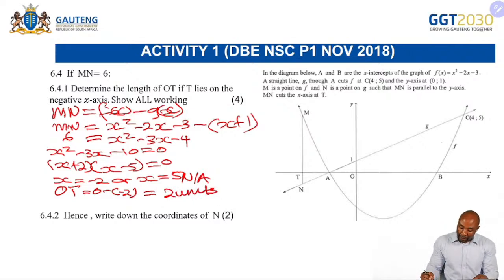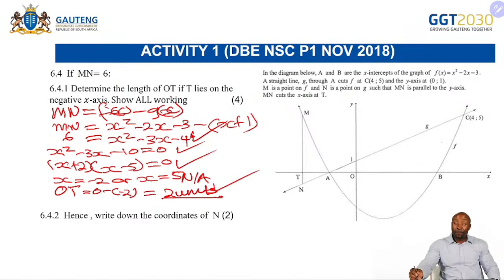It says calculate the length of OT, we get our 2 units. For subtracting and equating to 0, standard form, x values, the length, and we should reject the x that is positive 5, because we are dealing with the distance on the negative x values there.